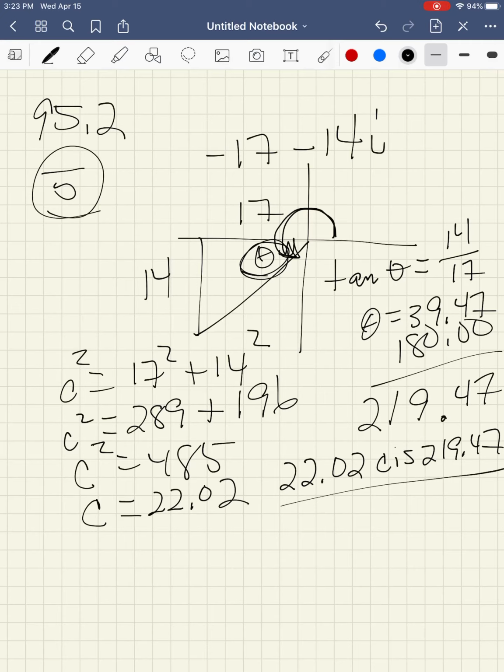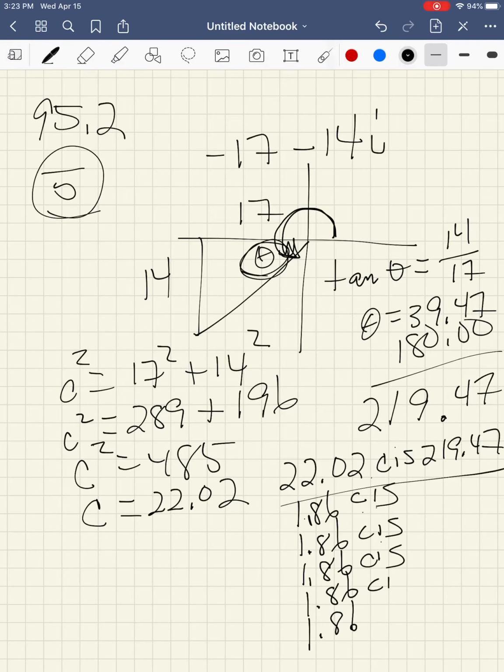And the number is 22.02. So that's 1.86. So I write that down 5 times. And cis. And then we take 219.47 and divide it by 5. And we get 43.89. So that's the first angle.